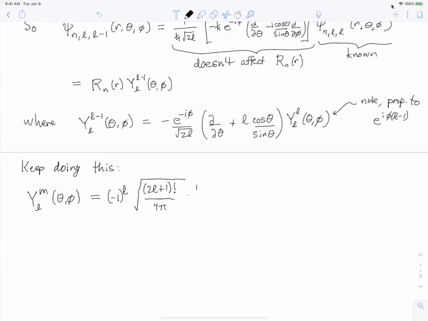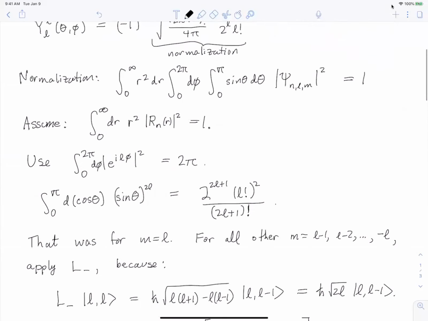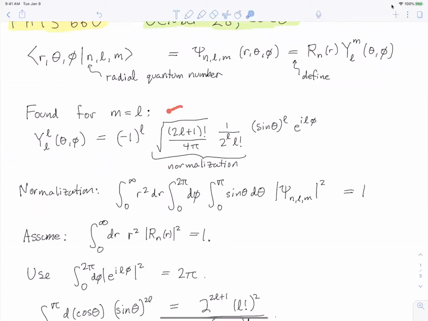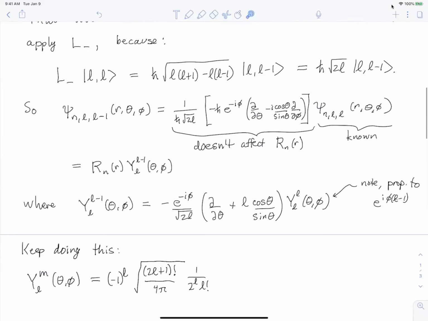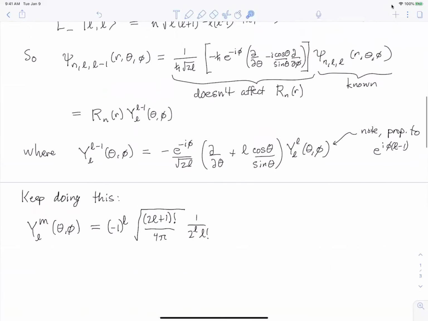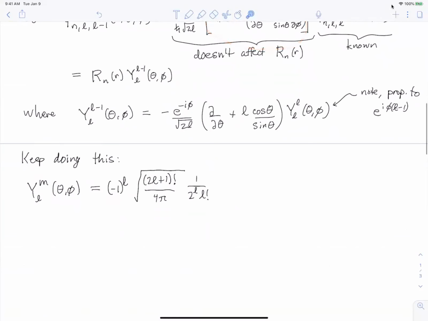There's a factor of 1 over 2 to the L times L factorial. So all of this is coming, again, from our normalization factor here. But then there are other normalization factors that come from operating with this differential operator, which is L minus. And they turn out to be the following. Square root of L plus m factorial over 2L factorial times L minus m factorial.